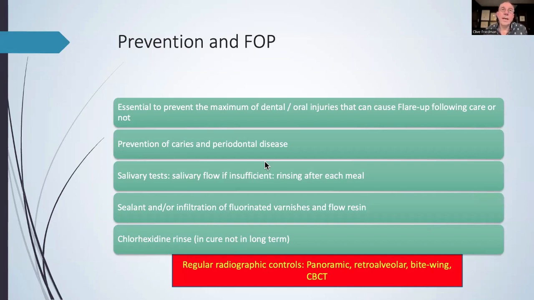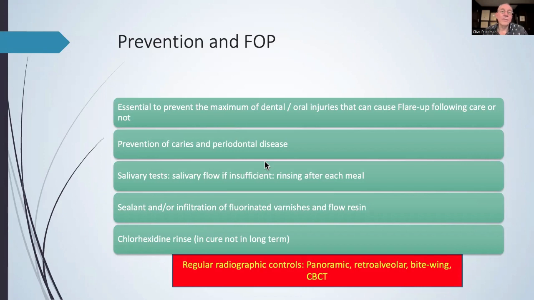What's important is the prevention of caries and periodontal disease. We need to make sure that we don't cause any injuries from any dental care. We want to watch salivary testing. We want to do whatever we can to prevent the continuation and the development of decay, and we do have rinses that can be used to minimize that.